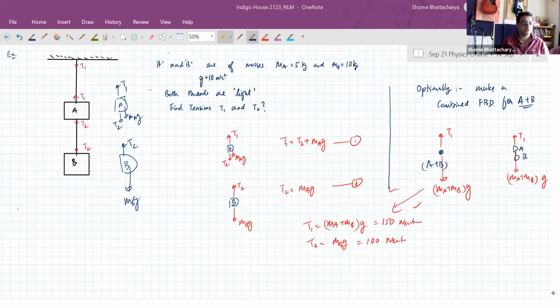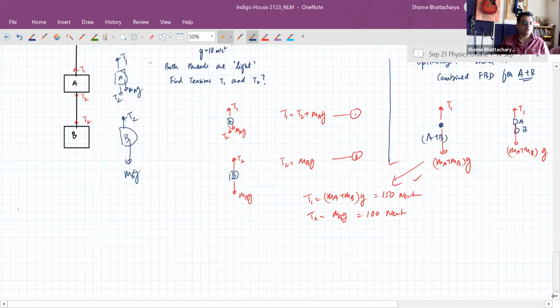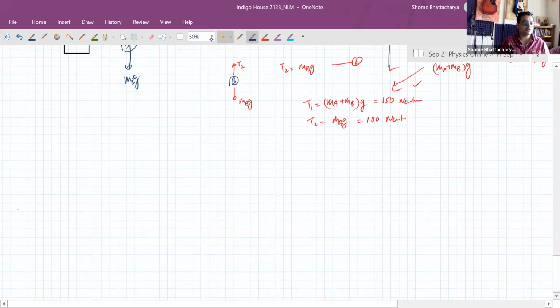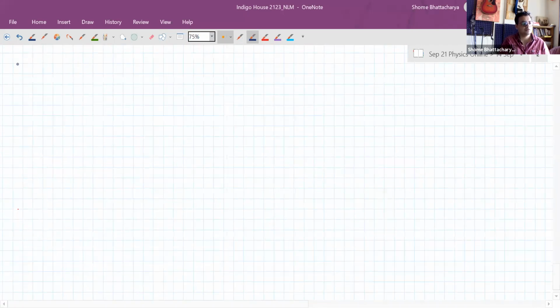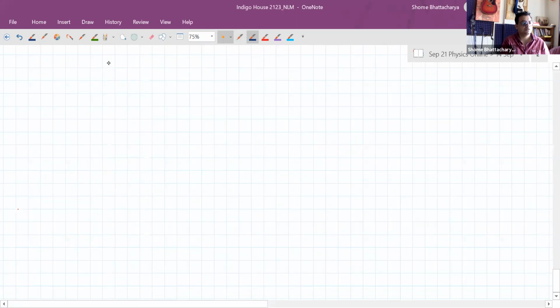Right. Okay, very good. Now let's look at a problem where we combine some of the concepts that we've learned in the last lecture with today's lecture. So let's say we have this smooth inclined plane of 30-degree inclination.